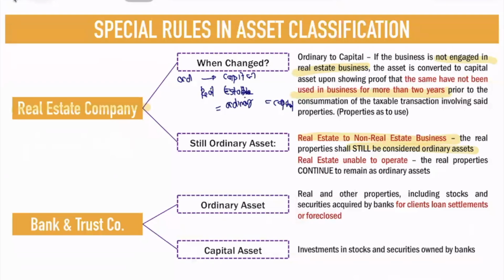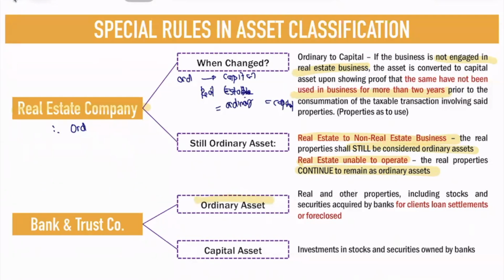Next, real estate unable to operate. If you were not able to operate, is still ordinary assets siya. So as a rule, real estate company, ordinary assets yung properties niya. Bibihirang capital. How about bank and trust company? So what is considered as an ordinary asset?